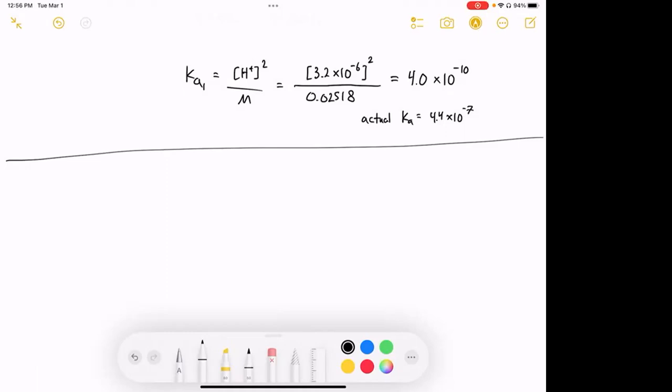Okay. Now that we calculated the first ionization constant, we can determine the acid dissociation constant for the second, less acidic proton. So we're going to calculate Ka2 from the first observed equivalence point.